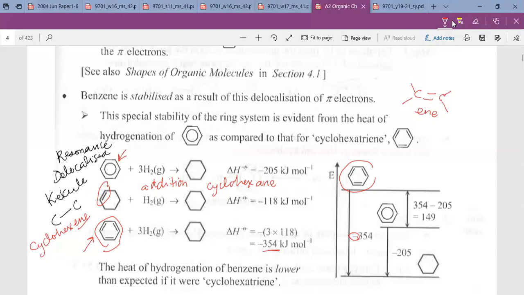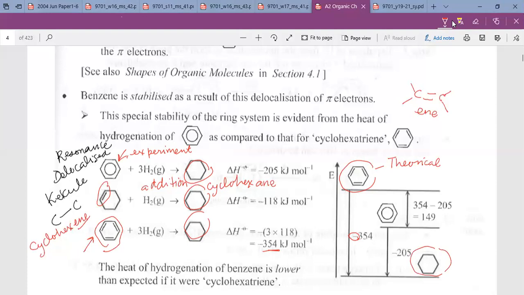Now this is a theoretical idea, because we assume there are 3 double bonds here. But in reality, we take benzene and do the experiment. In reality, when you hydrogenate, you only get minus 205. You get the same product. The base here is the same.